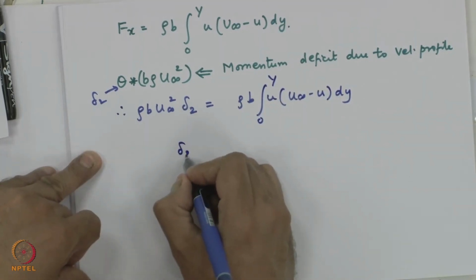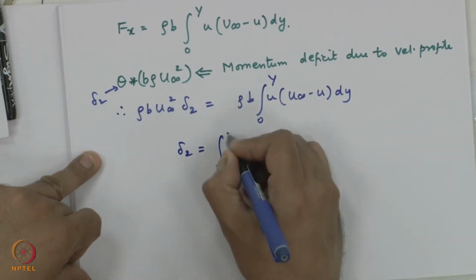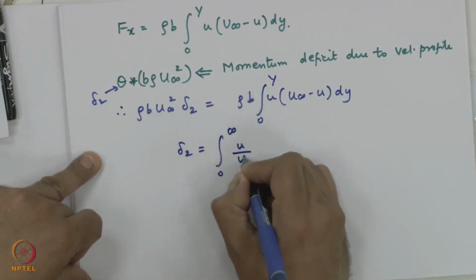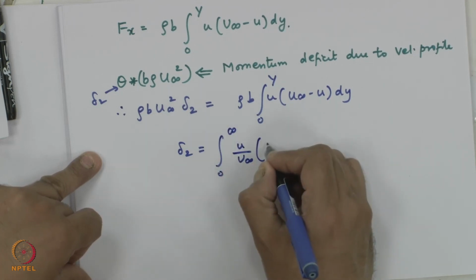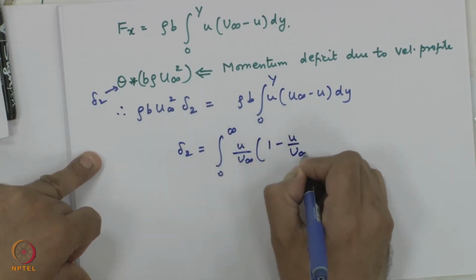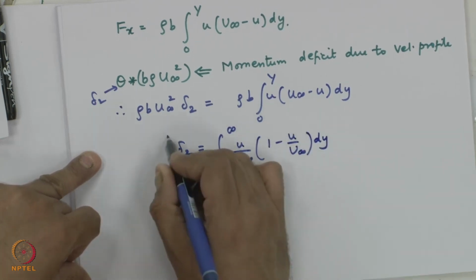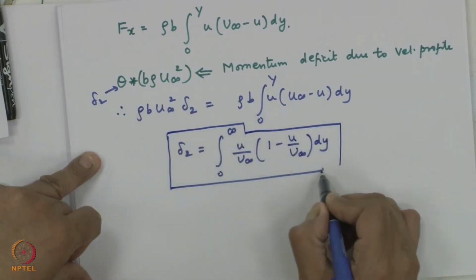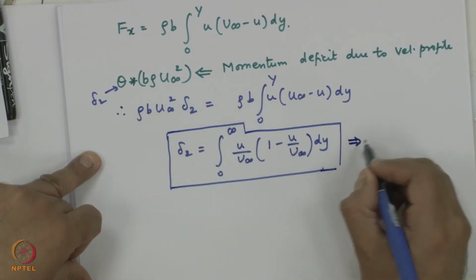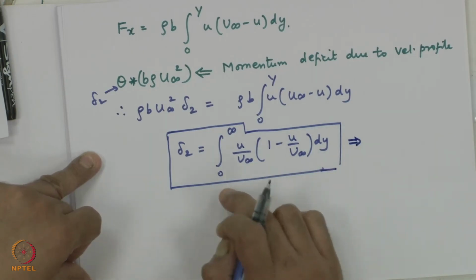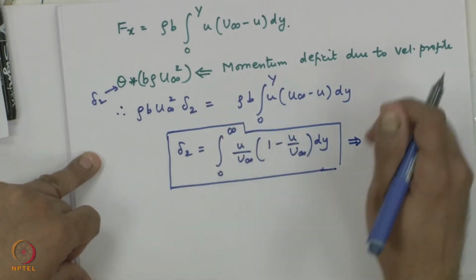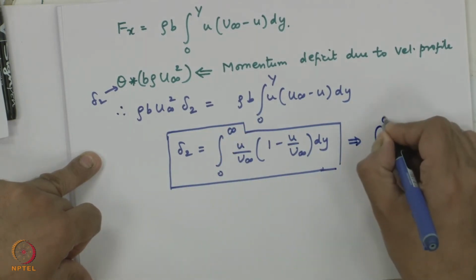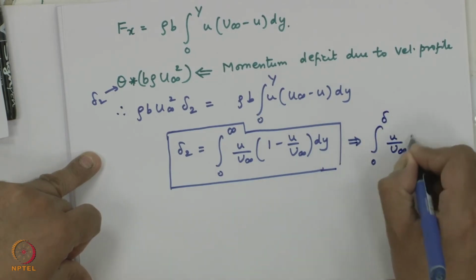If I separate everything, I would get integral 0 to infinity, because Y can be taken as infinity, of u by u infinity times 1 minus u by u infinity dy. This is my definition of the momentum thickness, and this can be written exactly like your displacement thickness, splitting it between 0 to delta and delta to infinity. So, in effect we will be using this between 0 to delta.